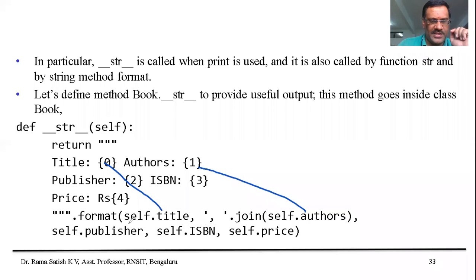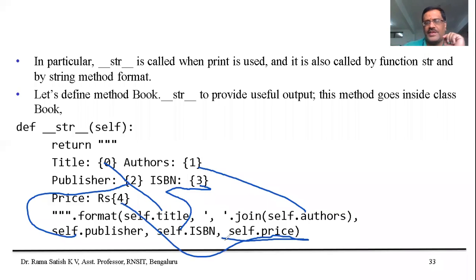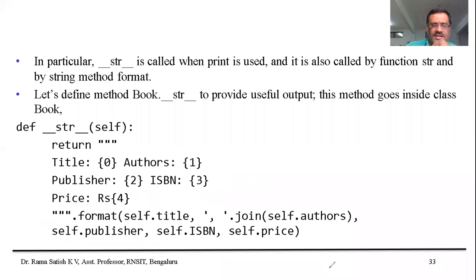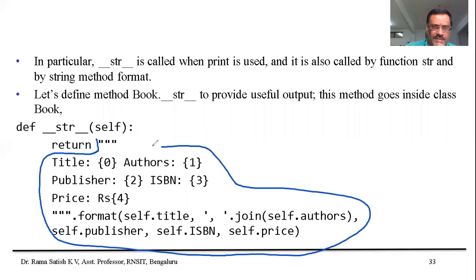Next, publisher is 2, ISBN is 3, and 4 is price. So all these things are prepared, and the entire string is returned.